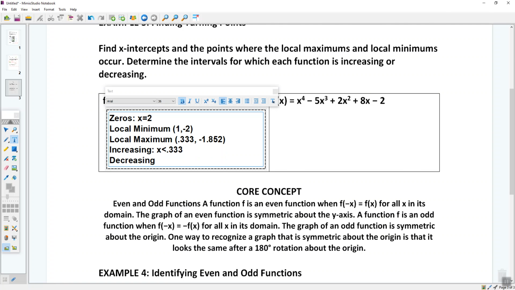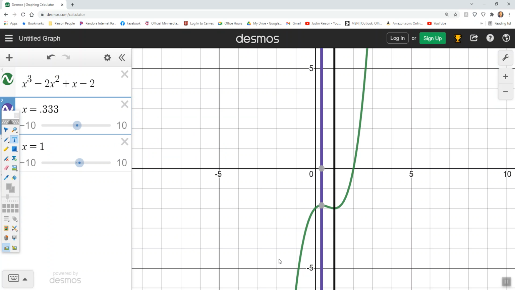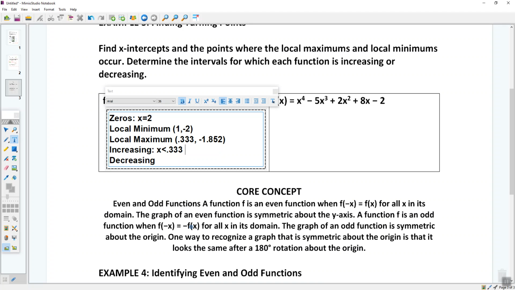That's one place. Is there anywhere else where it's increasing? So here's 1, and after 1, doesn't it start increasing again, kids? Guys agree it starts increasing right there? So how would I describe where it's increasing there? And for x values greater than 1, right?